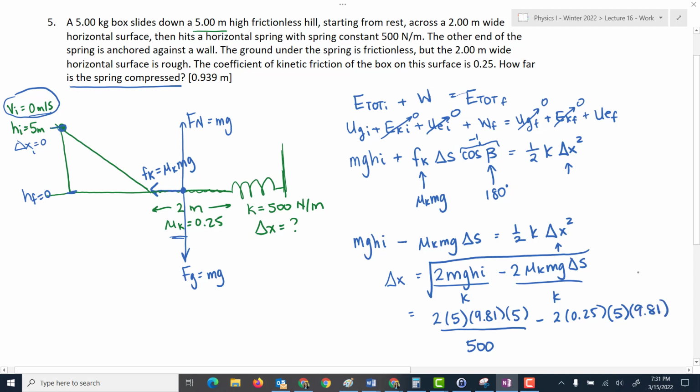Delta s is the distance traveled while undergoing friction, so while there's a force of friction acting. So that's this distance right here. So this is my displacement, which is 2 meters. So my delta s is 2 over my k, still 500, all in a big square root sign.